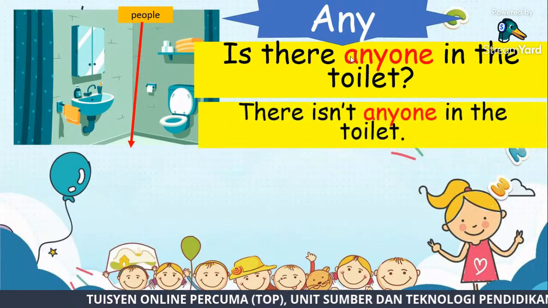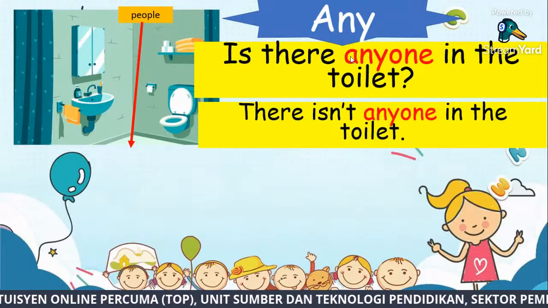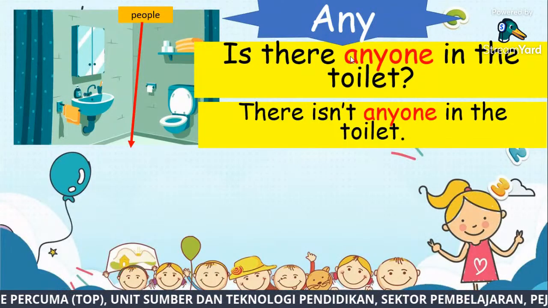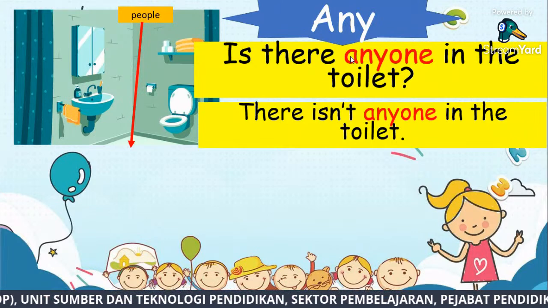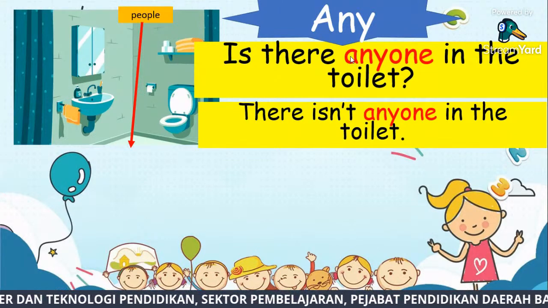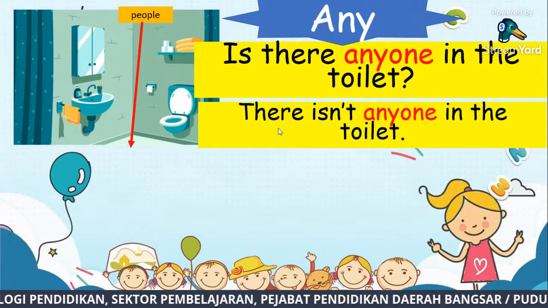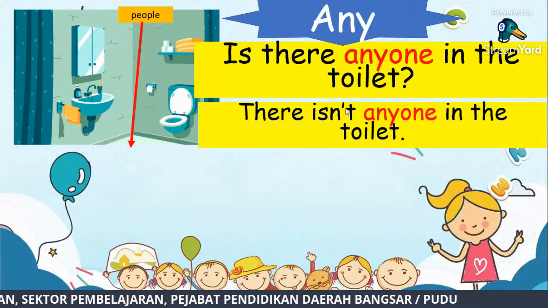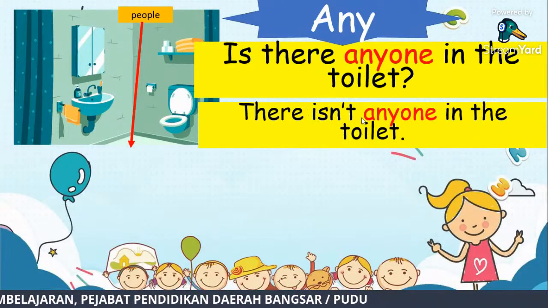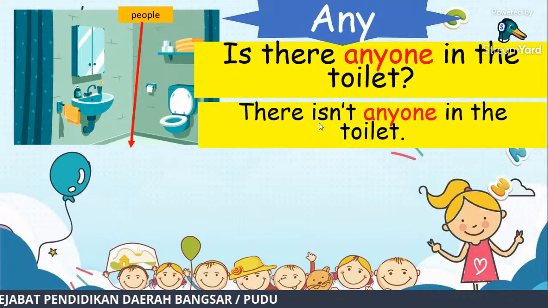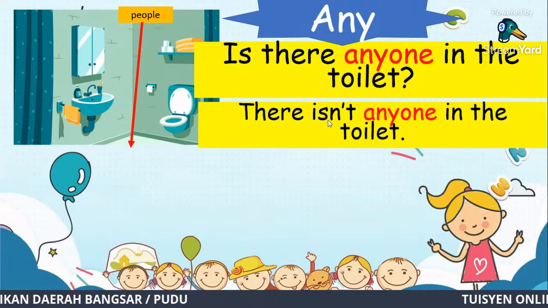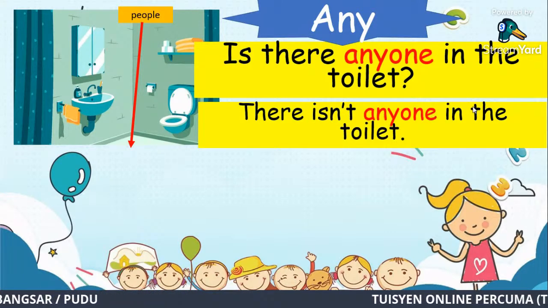So that is the correct way of asking the question. Or if you want to say it as a sentence, then there isn't is a simplified version for is not. There is not anyone in the toilet.